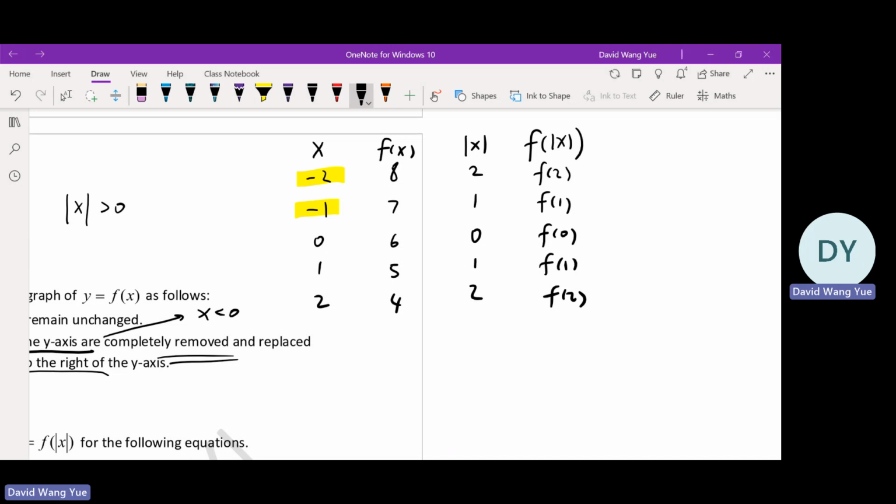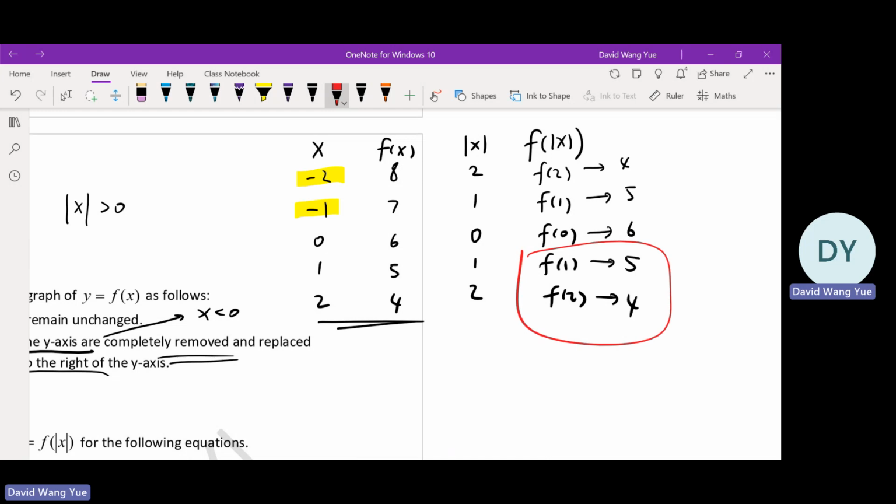So the values now become 4, 5, 6, 5, 4, because f(2) is 4. So whatever is on the right will be reflected to the left. And then what used to be the value of f(x), because the value of x substituted into it is a negative number, is taken away. They are no longer there.